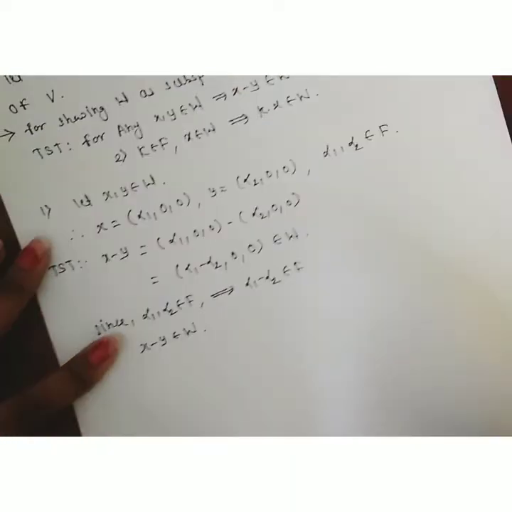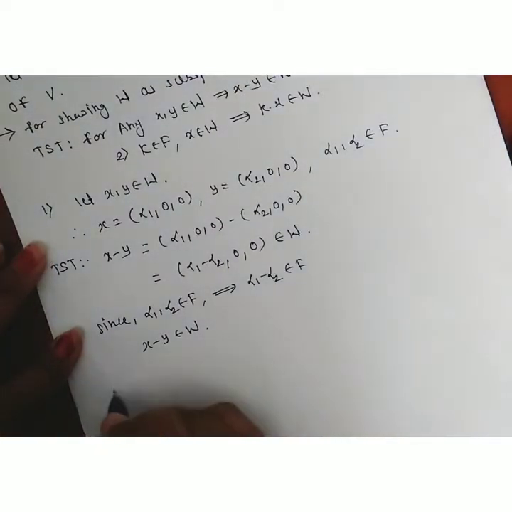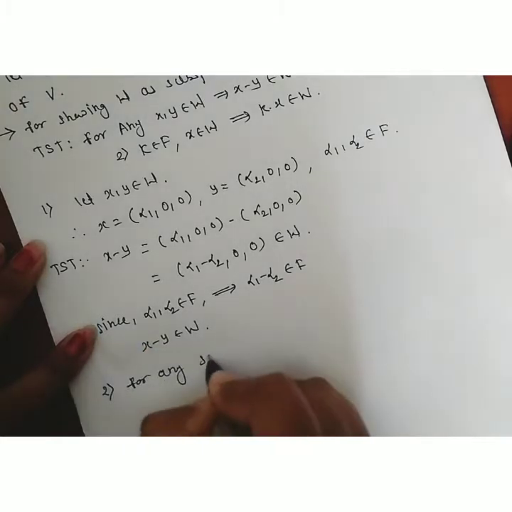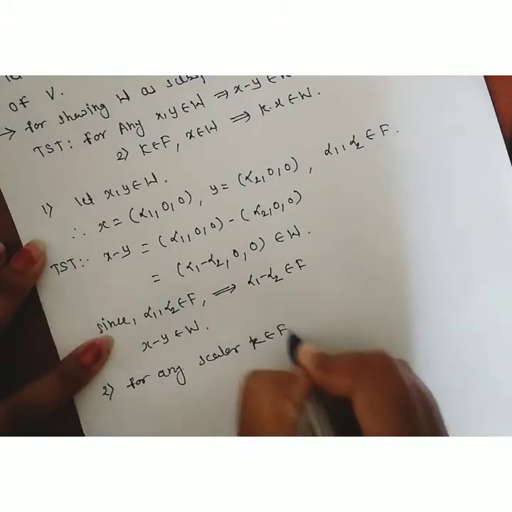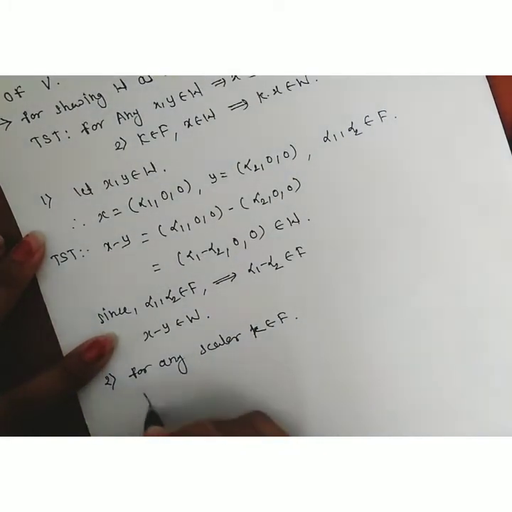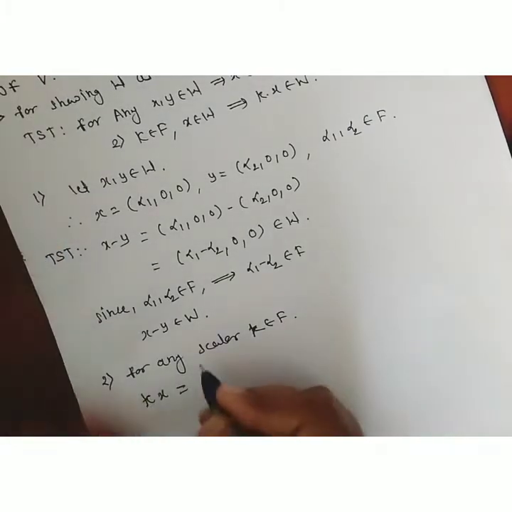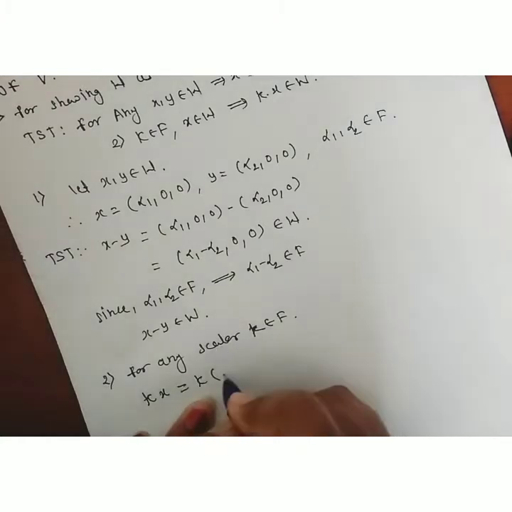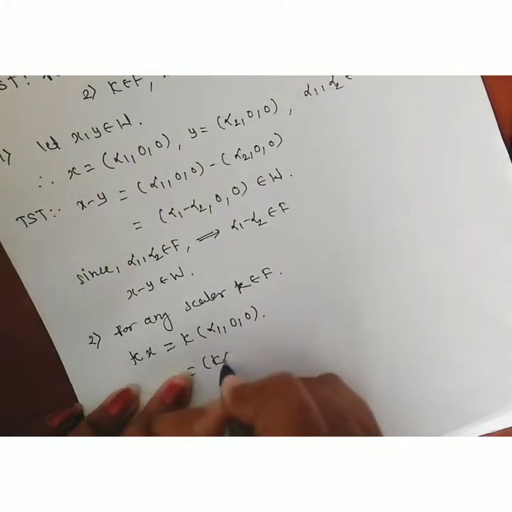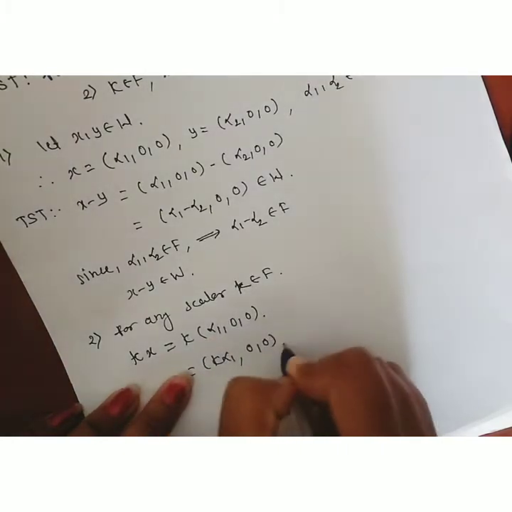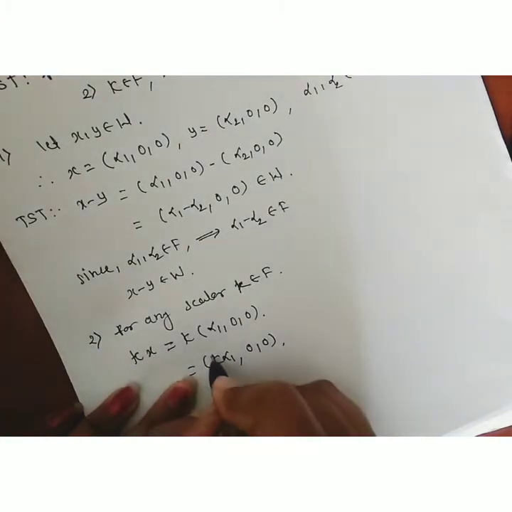Now we have to show the second condition. Consider any scalar k belonging to field F. We have to show that the multiplication k times x belongs to W. Consider k times x, where x is (alpha1, 0, 0), which equals (k alpha1, 0, 0). Does this belong to W?